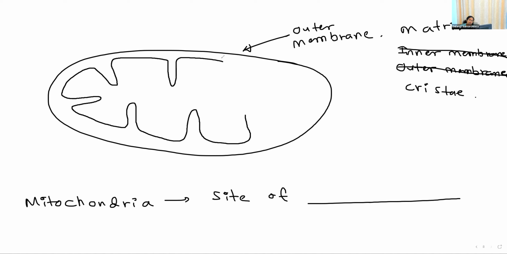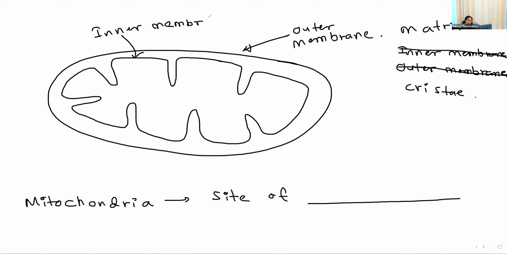If I straighten the inner membrane, it's definitely longer because of the presence of these parts. The inner membrane is not flat. So the inner membrane is going to have foldings like this. You can highlight all of them if you want. These are the cristae.